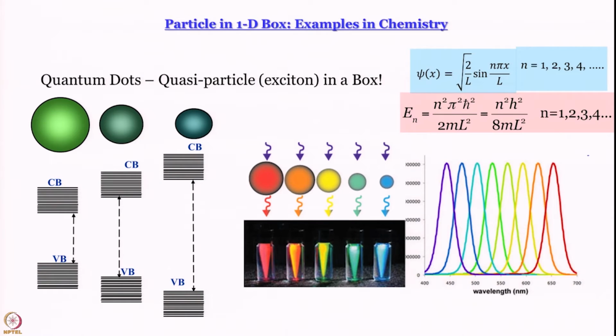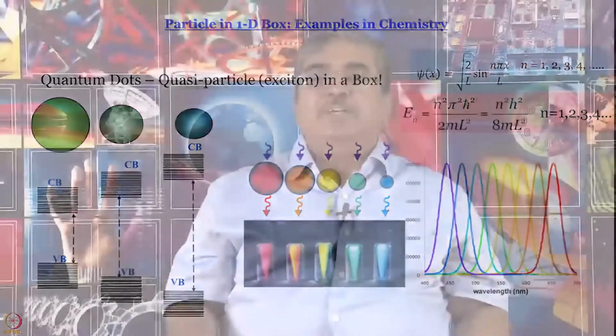This gives us a handle to a nice solid state material that one can use as pigment or marker, and these are usually photoluminescent. There are many applications of these quantum dots or semiconductor nanocrystals, and interestingly their optical properties are defined fairly nicely by this simplistic particle in a 1D box model that we have discussed over these last 3 modules.